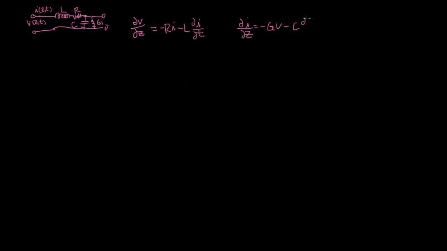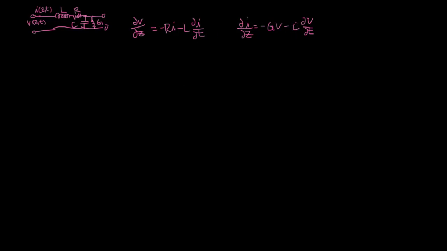Now, what we want to try to do for this particular skill is to understand what the basic general form of a solution that simultaneously solves these two equations is. One of the main challenges when you're trying to guess a solution is that in this equation you relate the voltage to the current, and in this one you relate the current to the voltage.